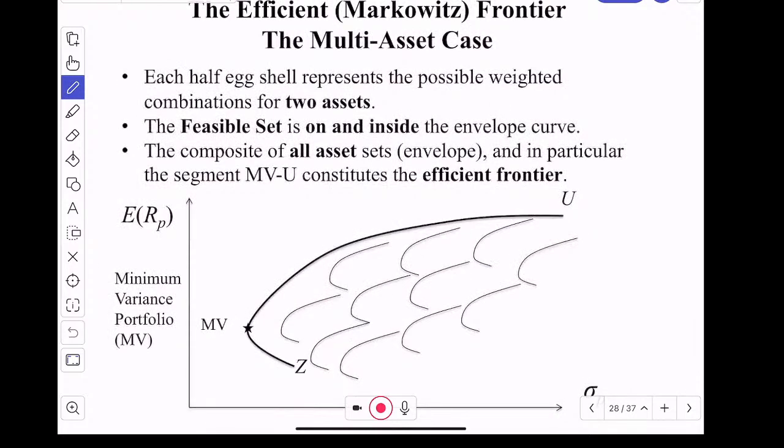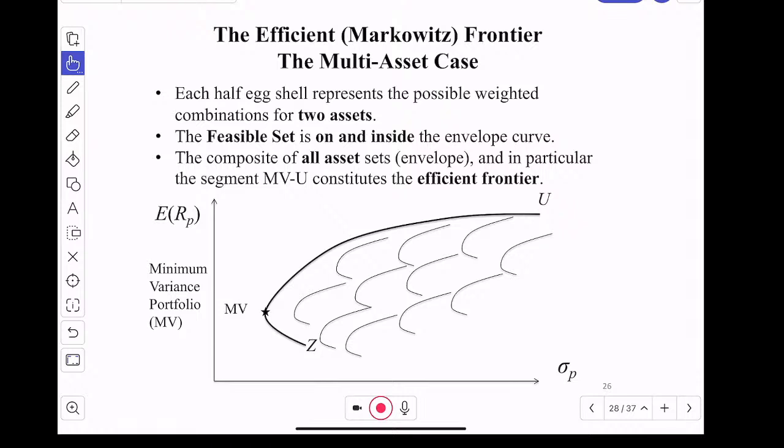So now let's look at what we would see if we had multiple assets. What I have here are two at a time. These are the options for taking assets two at a time. And I use this shape, the eggshell shape, half eggshell shape, for two at a time, as discussed previously, because this is between the extremes of -1 and 1 in correlation.